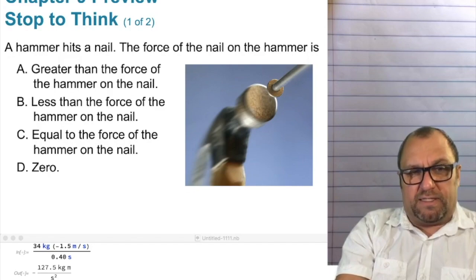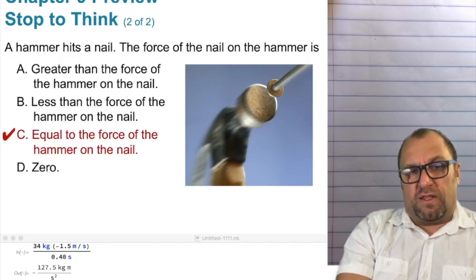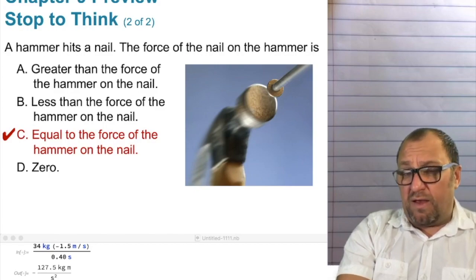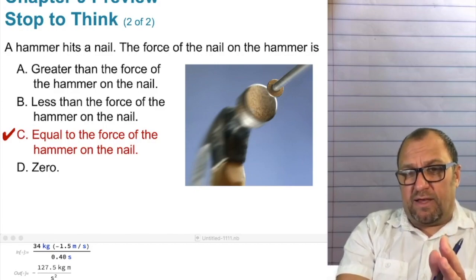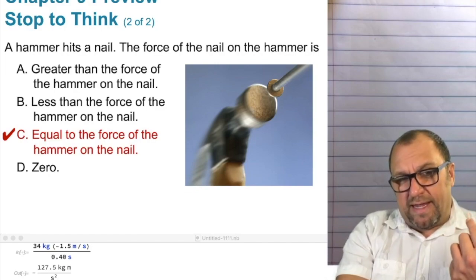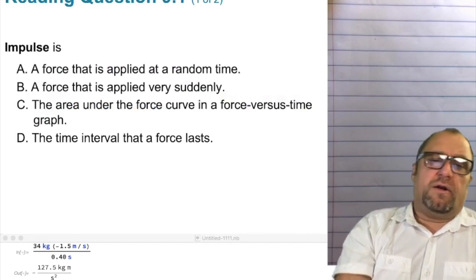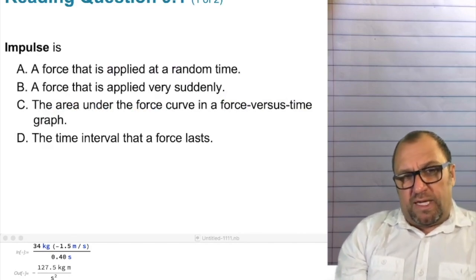So we're going to pick C here. They exert equal and opposite forces on each other. So when the hammer hits the nail, it exerts a force, but the nail also exerts the same force back at the hammer.